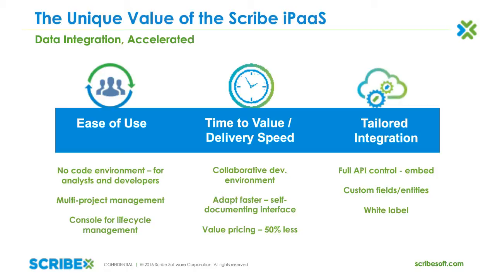We have a nice user interface that is self-documenting. It's geared toward developer-type concepts, but presented in a way that users can easily access in a block-type format, very easy to document. You can be up and running very quickly with simple integration scenarios, but you can also extend well beyond those scenarios simply.